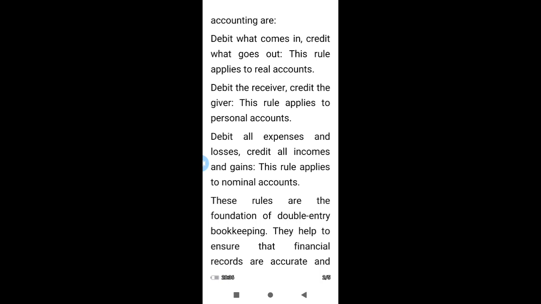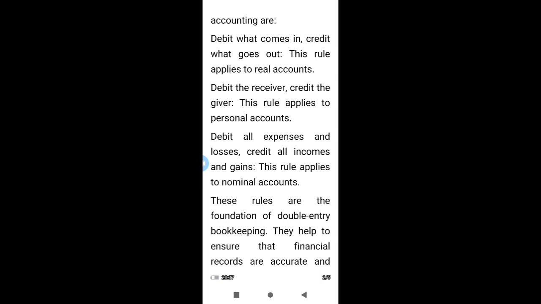This is applicable to the nominal account, which means in any given transaction, if the transaction is to be analyzed and an expense account is identified, that expense account is supposed to be debited, while if a revenue account is identified, that revenue account is supposed to be credited.